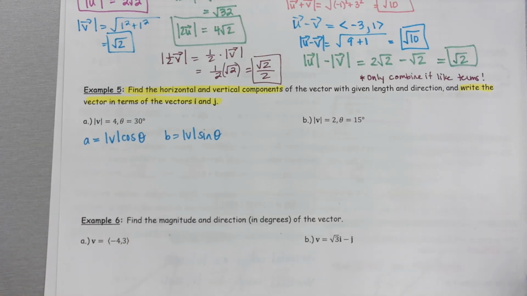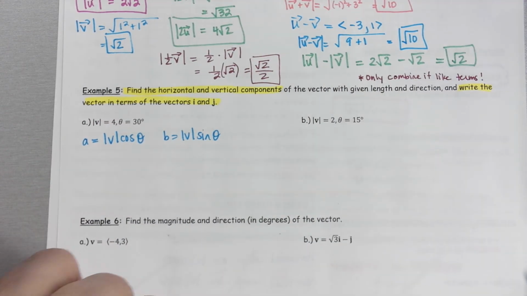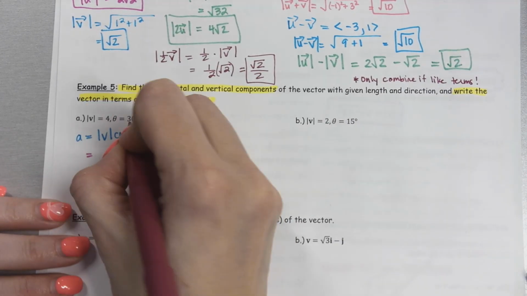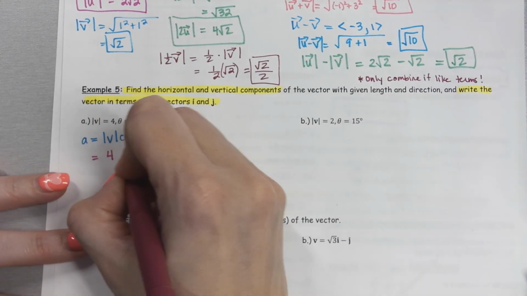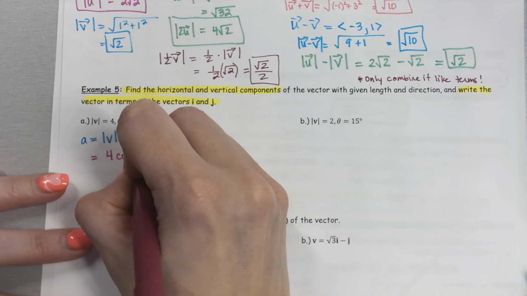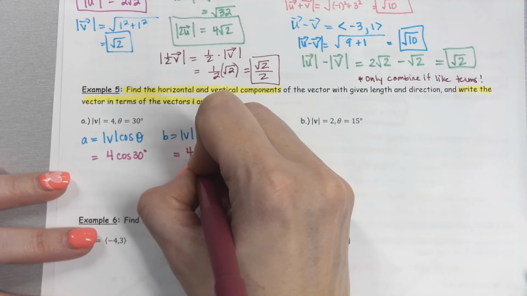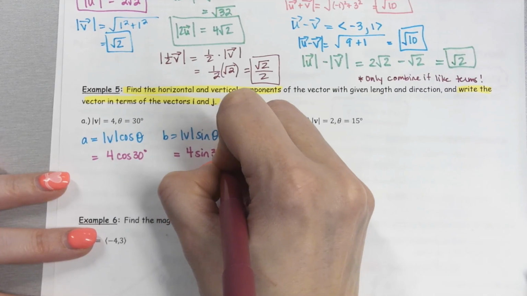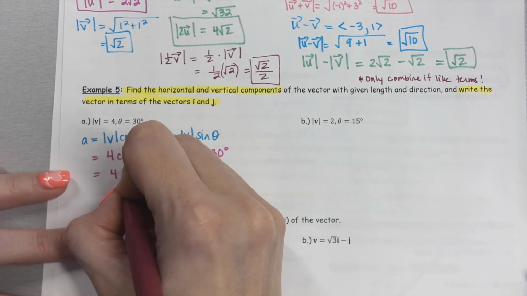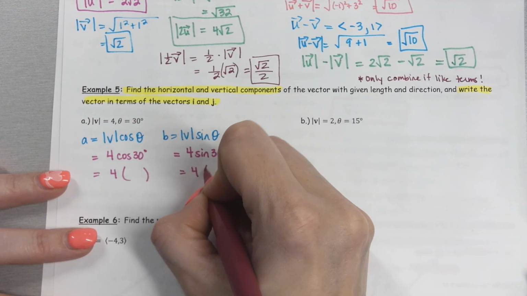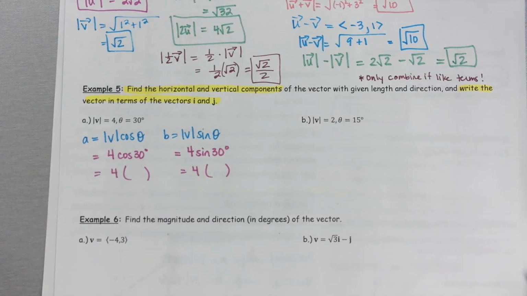Okay, in this case, they give us the magnitude and they give us the angle in degrees. Okay, so we are going to be using degree mode here. Okay, so I want you guys to plug in those values from the unit circle and simplify. And then you will need your calculator for part B.